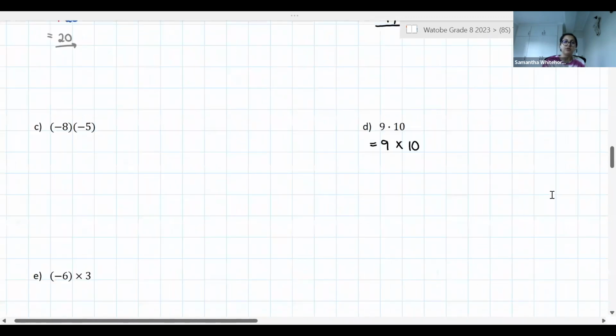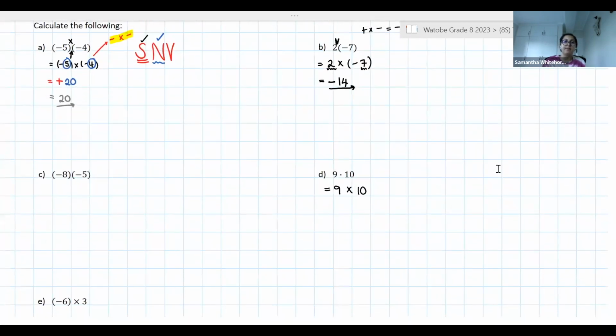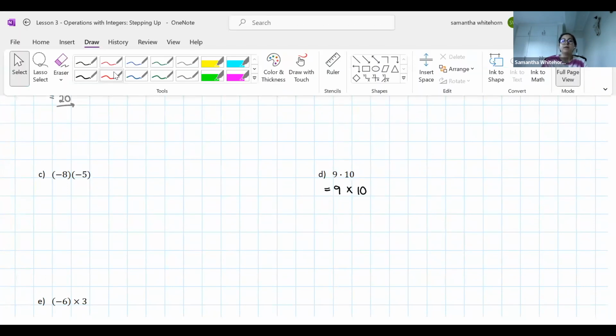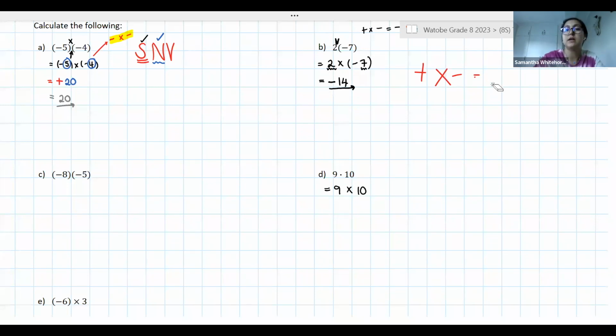There was some confusion around B, so I'm just going to make this a touch smaller to go back there. B, you've got a positive times a negative. Remember, a positive times a negative must give me a negative. So my answer is going to be negative, which is why I've got a negative.